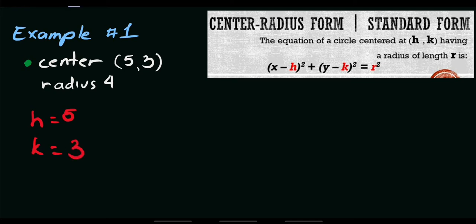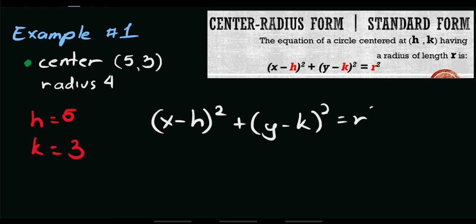After that, just write our formula. The standard form is (x - h)² + (y - k)² = r². Then just plug in or substitute the values of h, k, and r.